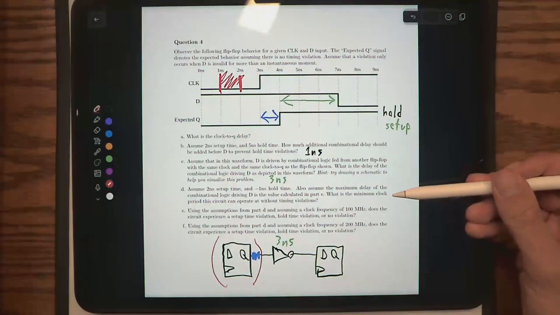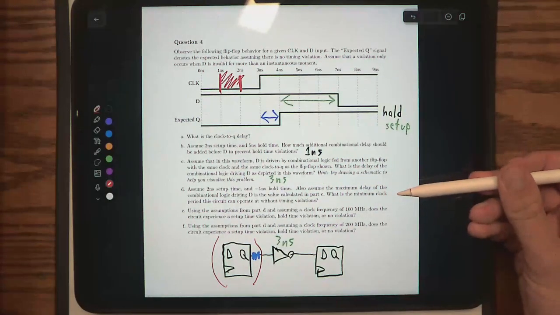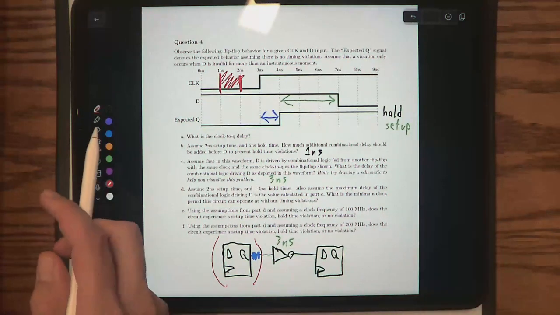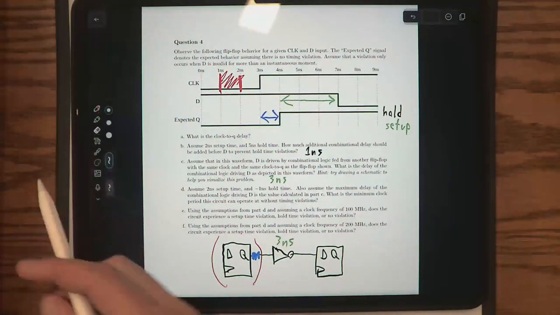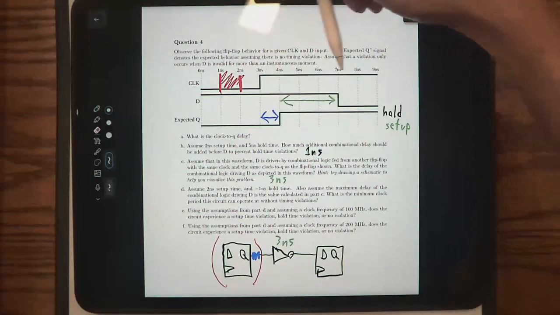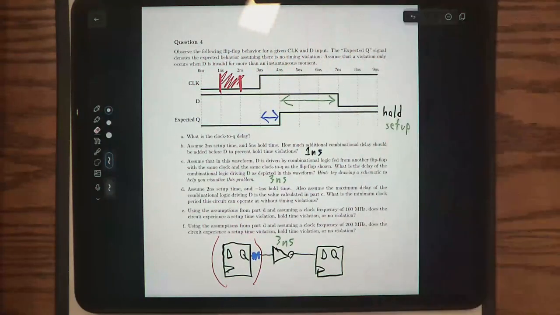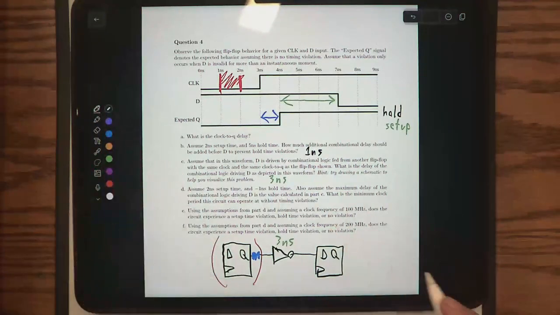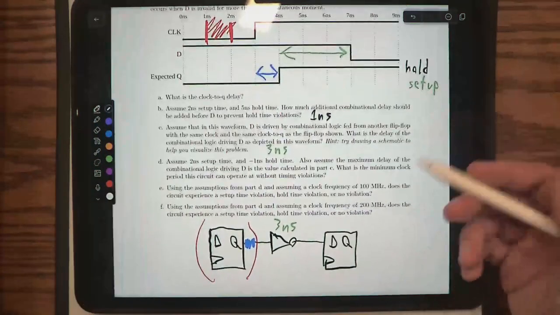Then it asks what is the minimum clock period of the circuit without creating timing violations. So we have our setup time, hold time, clock to Q, and combinational delay figured out. How do we calculate our minimum clock period?